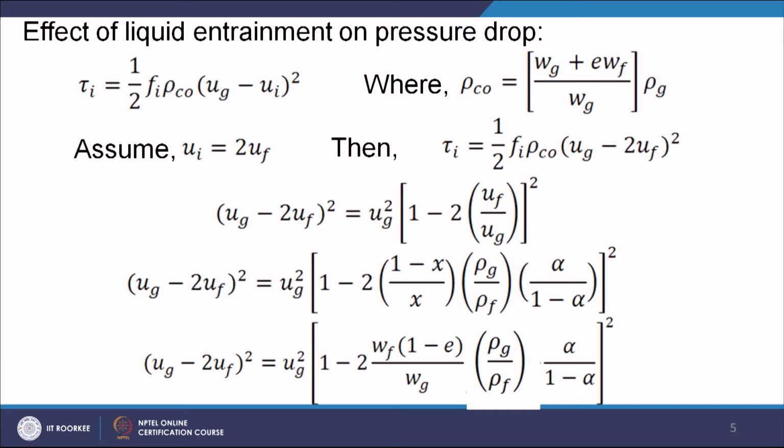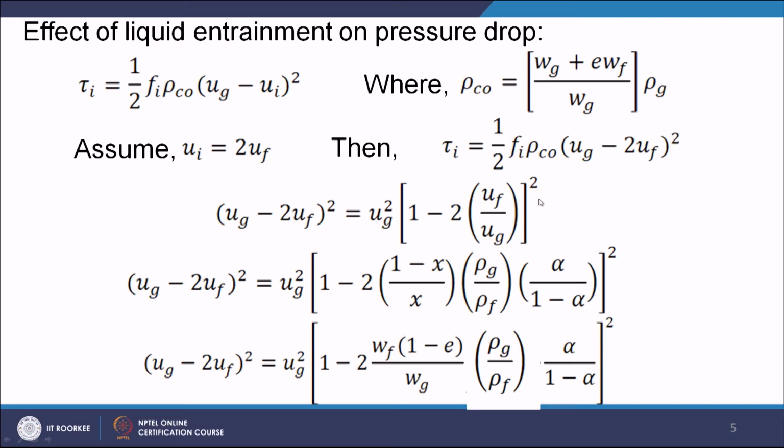Please remember that whatever I derive from now onwards, this half f I rho CO will come as a multiplier to that. Okay. So, here in u g minus 2 u f whole square, we can take u g square common. So, it will be 1 minus 2 into u f by u g whole square.